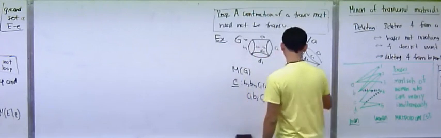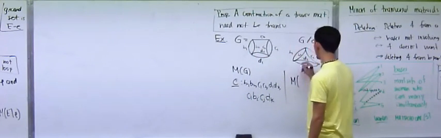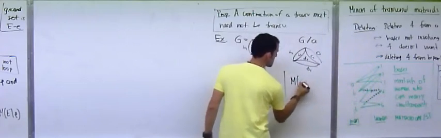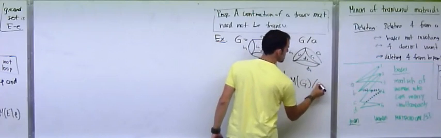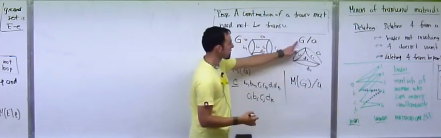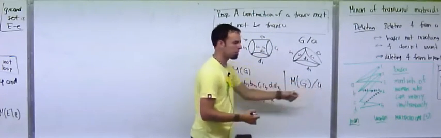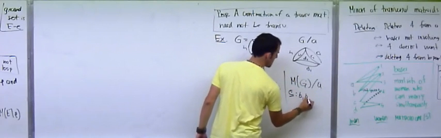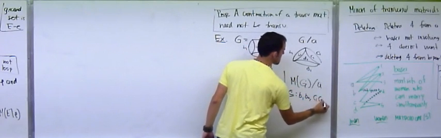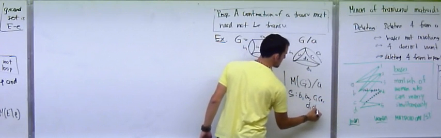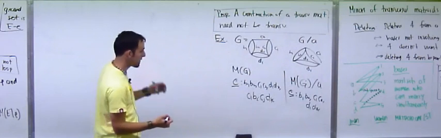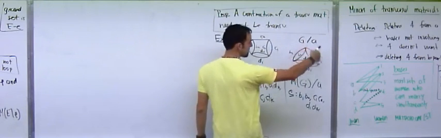Now, the matroid of this graph is the contraction of A. What are the circuits? Well, I still have B1, B2. I still have C1, C2. I still have D1, D2. But now A isn't anywhere to be seen, and the other ones are B_i, C_j, D_k.